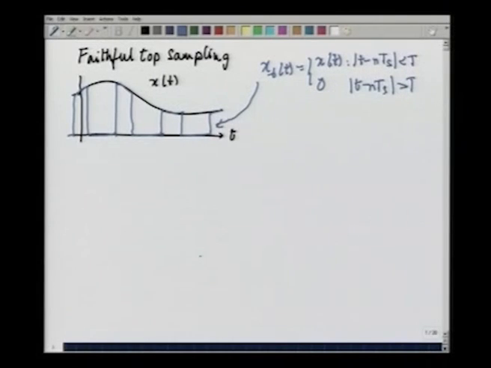Fine. So, this is the definition of the faithful top sampled sequence, the faithful top sampled train.